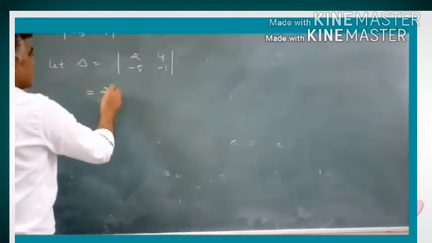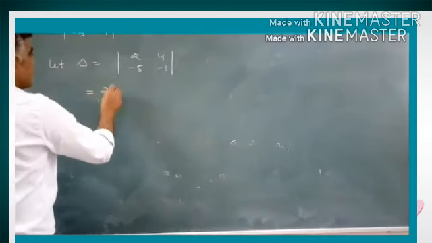Question 2, first part. Find the value of the determinant |cos theta, -sin theta; sin theta, cos theta|. Let delta equal to this determinant. This is also a second order determinant.